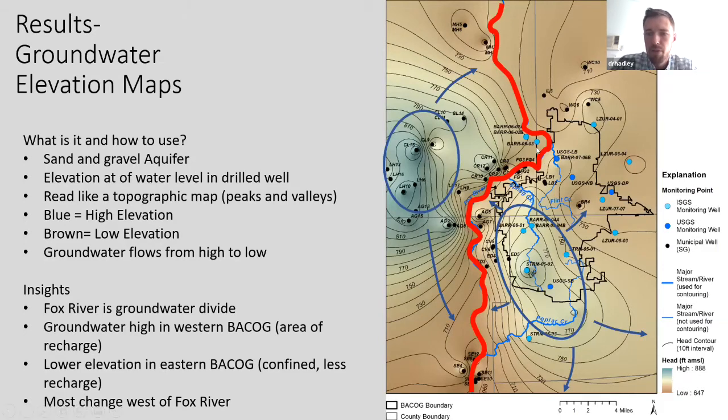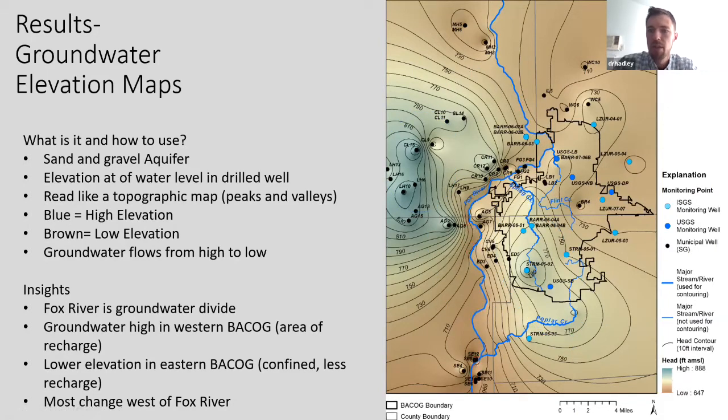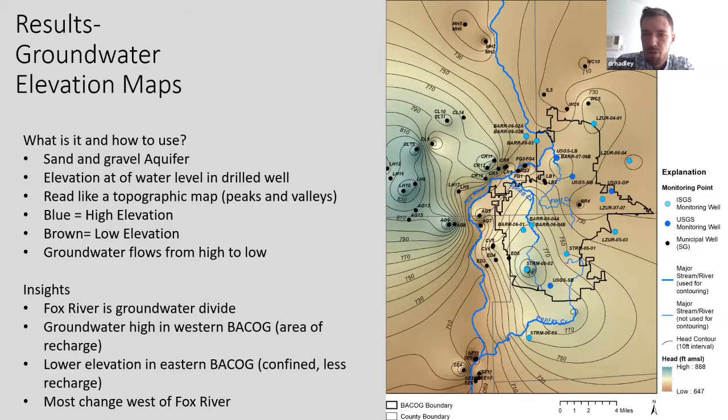Okay, so the thing that I wanted to note as we march through these slides, so I'll take all that off, is that the contours in BACOG don't really change too much year to year. They're going to change slightly, but not too much. So I'm just going to march from 2014 to 2015, and then from 2015 to 2016.